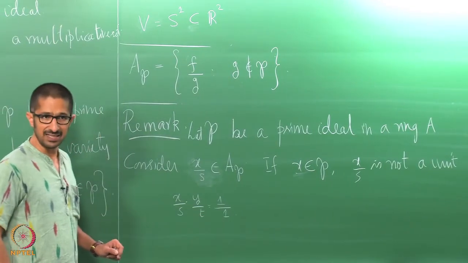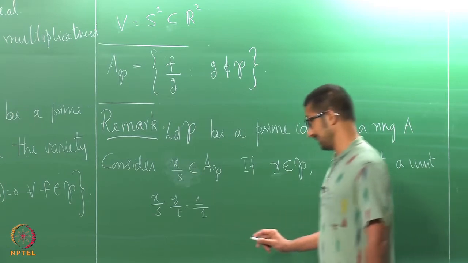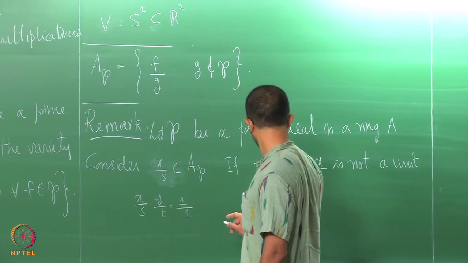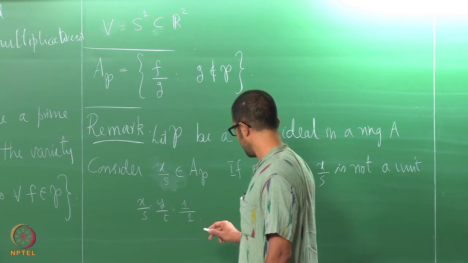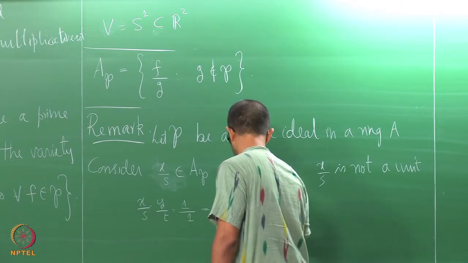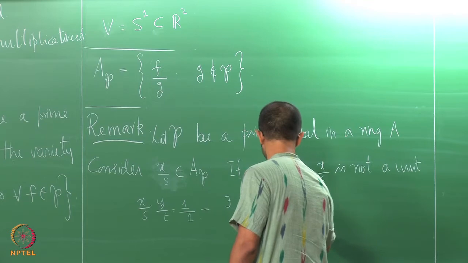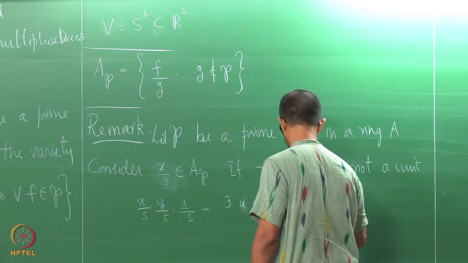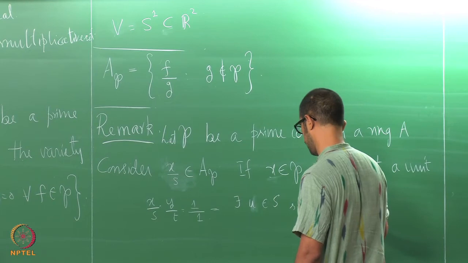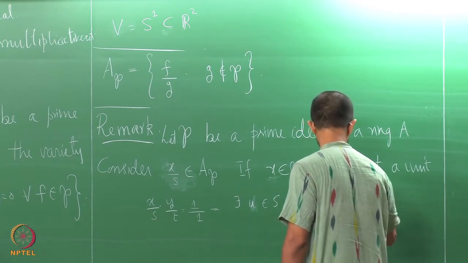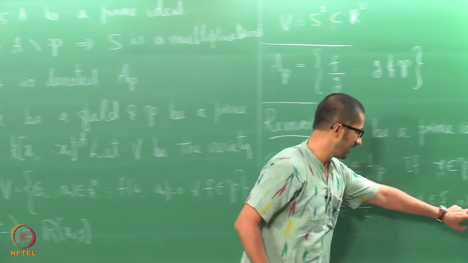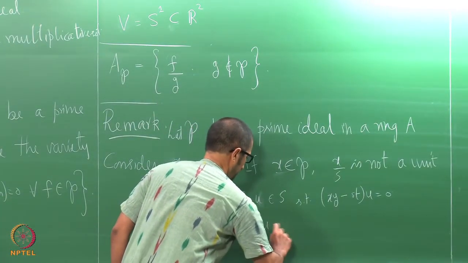Or in other words, what does this mean? This will say that there exists u in S such that xyu minus stu is 0, right. What does this say? xyu is stu.